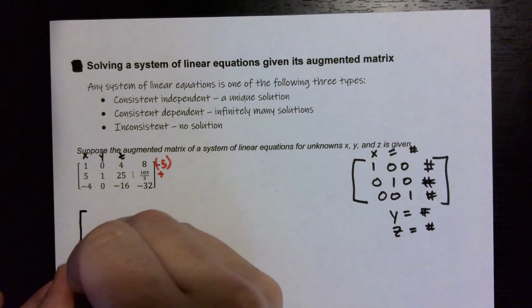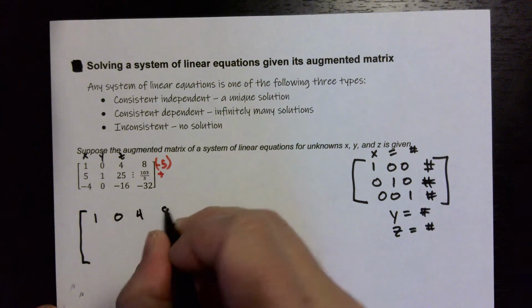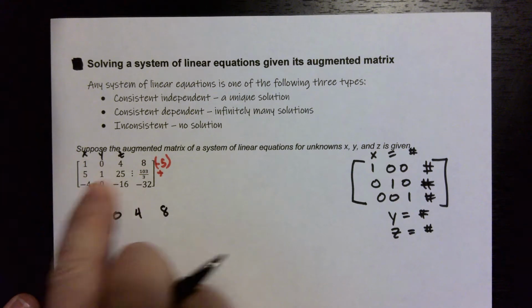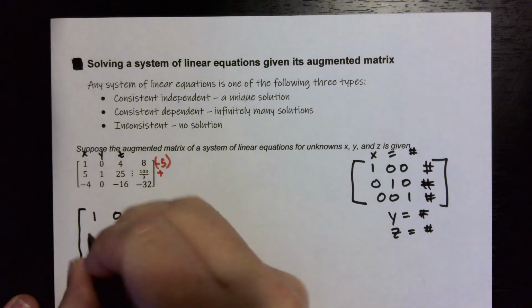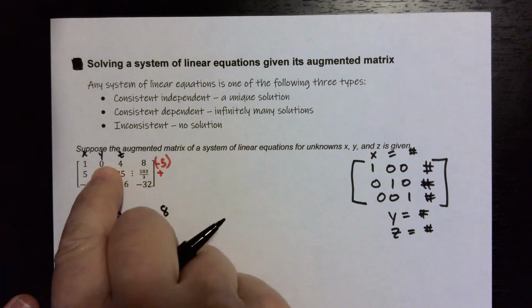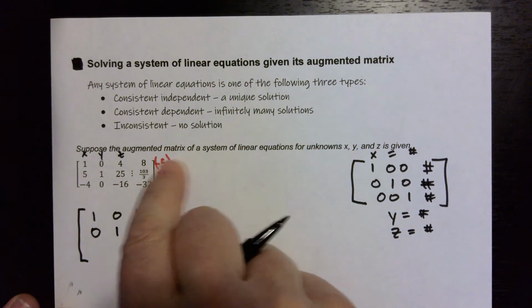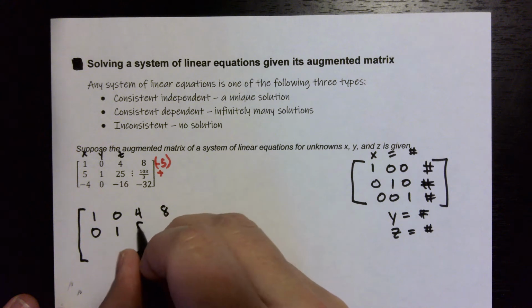The top row is still going to be 1, 0, 4, 8. But now we're multiplying the top row by -5 and adding that down. So -5 times 1 is -5, and you add a 5, you get 0. -5 times 0 is 0, and 0 plus 1 is still 1. -5 times 4 is -20, and -20 plus 25 is 5.